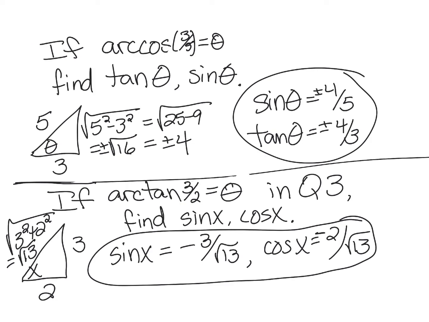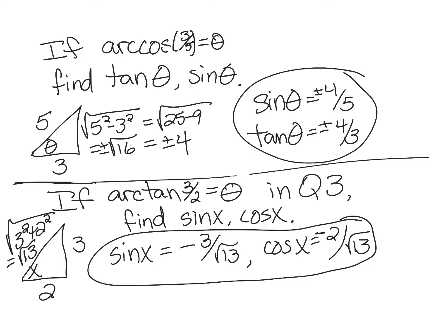All right, let's say that the arc cosine of 3/5 equals my angle. Find the tangent and the sine of that angle. What is this saying? It says, at what angle does the cosine equal 3/5? Okay, so here's my angle. If the cosine equals 3/5, then the adjacent is 3, hypotenuse is 5.